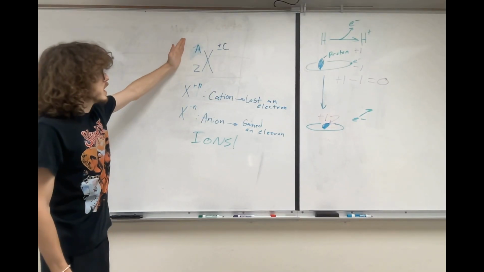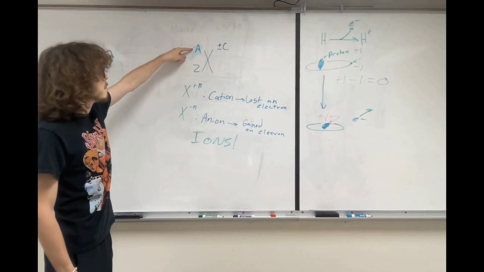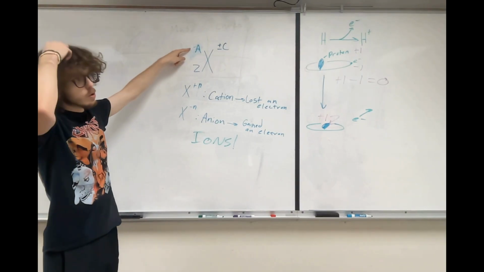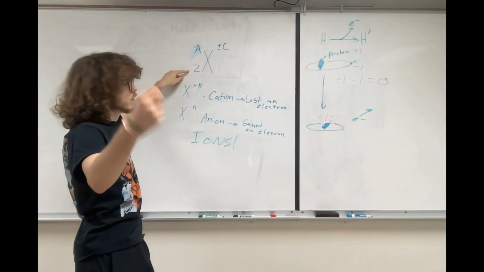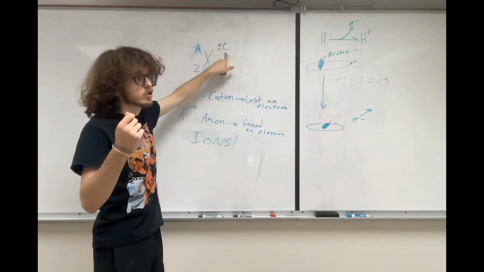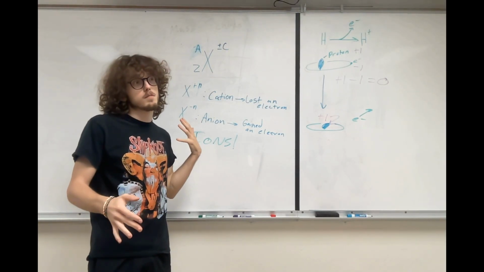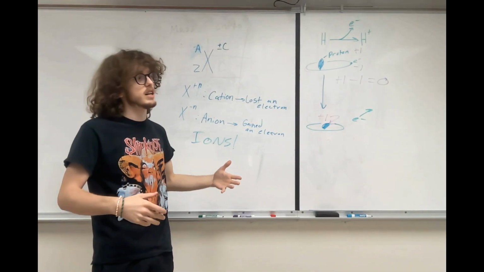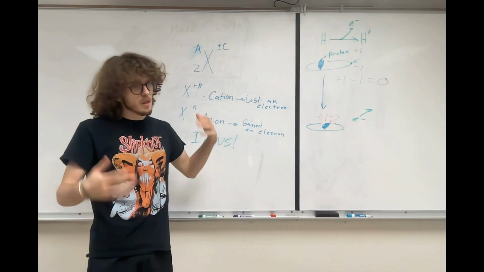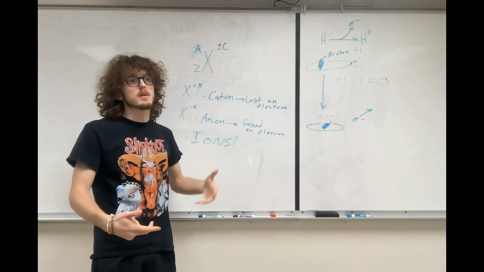Here is our notation. A is some mass number that refers to the total number of nucleons. Z is the proton count, and this thing that we call charge. Remember, charge is just an ability to basically be manipulated in an electric field or a magnetic field. Think about it like that: susceptibility to a field.